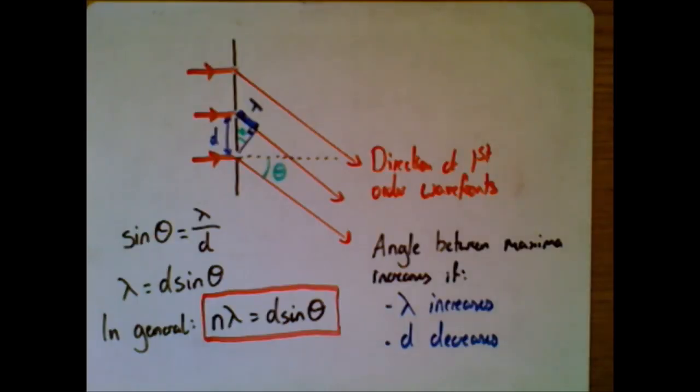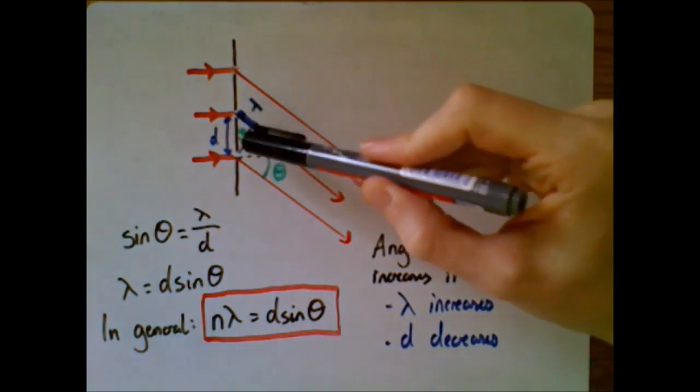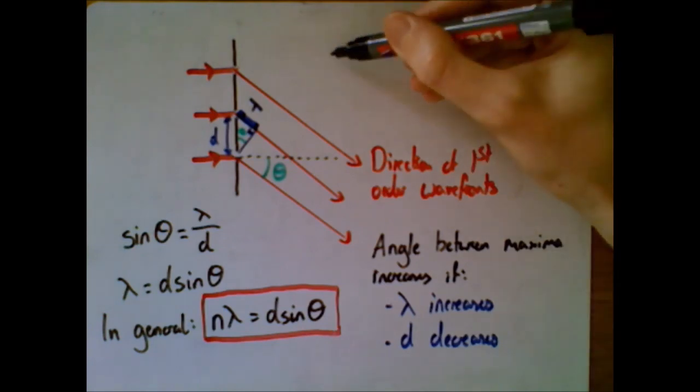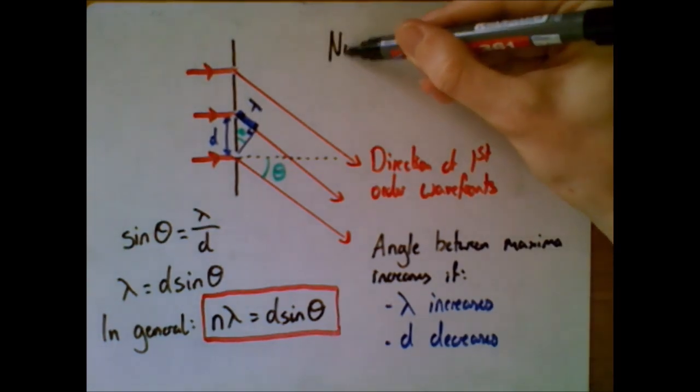Okay, just a few little notes then. Things to be careful of, things that pop up in questions. Firstly, d is the distance between adjacent slits on your diffraction grating. Sometimes, though, they will try to sort of confuse you a bit by, instead of giving you d, they give you a number of slits per metre, or number of slits per millimetre.